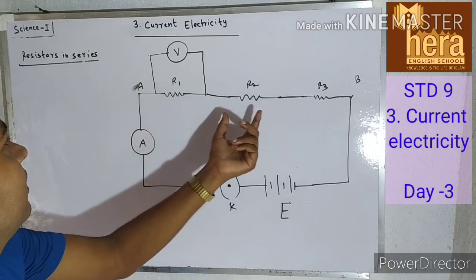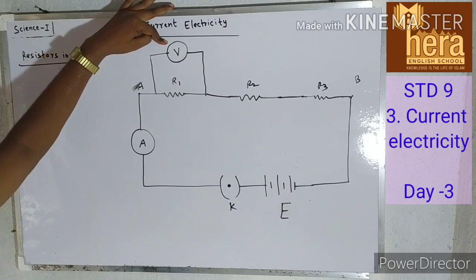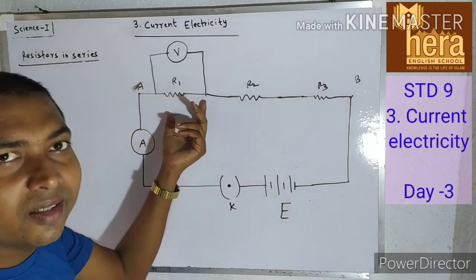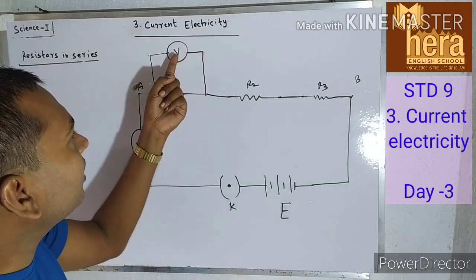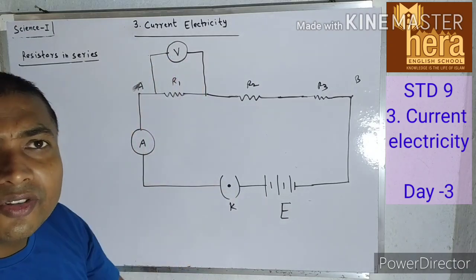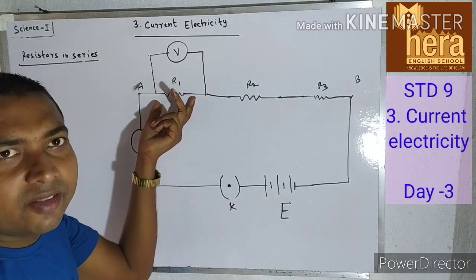What is a voltmeter? A voltmeter is an instrument which is used to measure potential difference across the resistors.